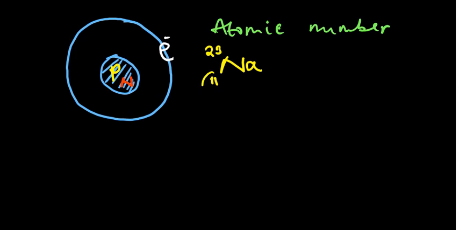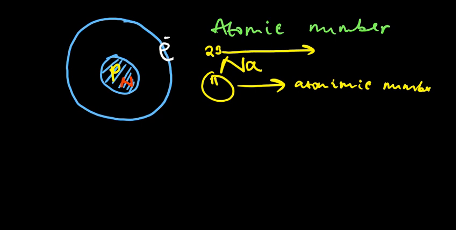The number that you're able to see, this is the atomic number. And then the number above is the mass number. So it determines the mass.